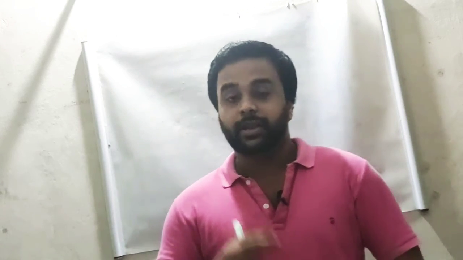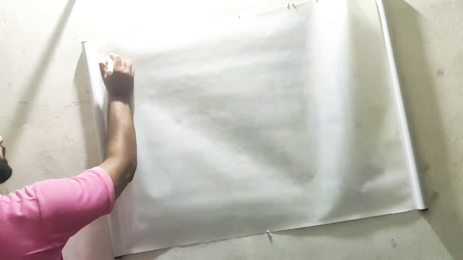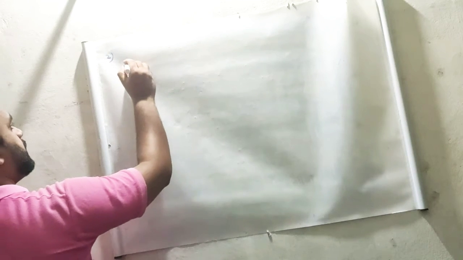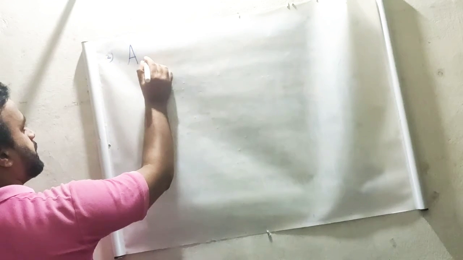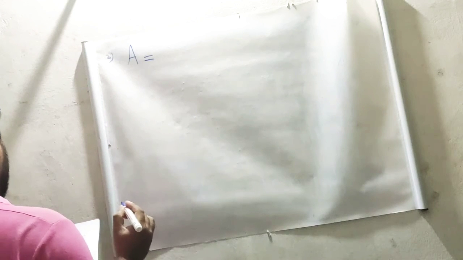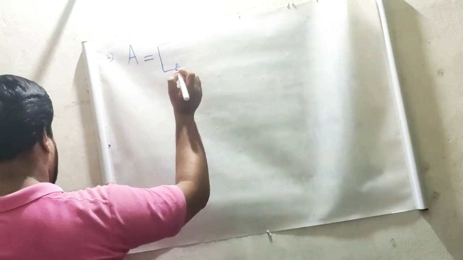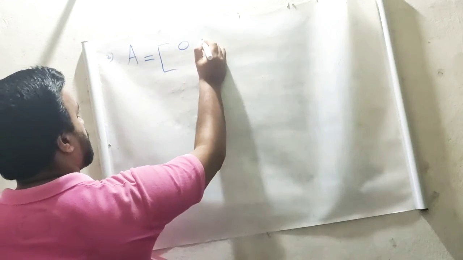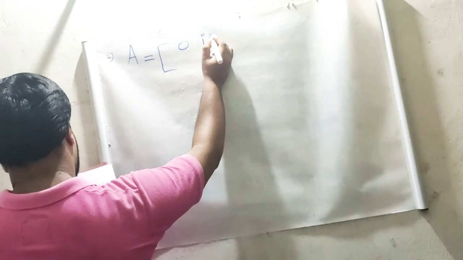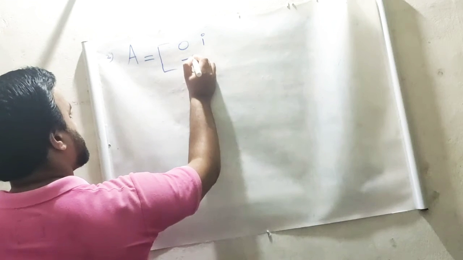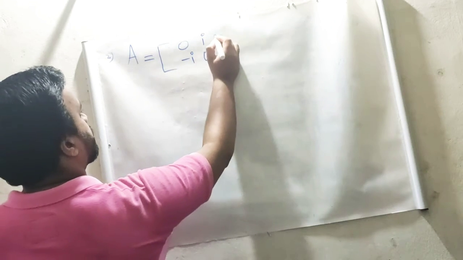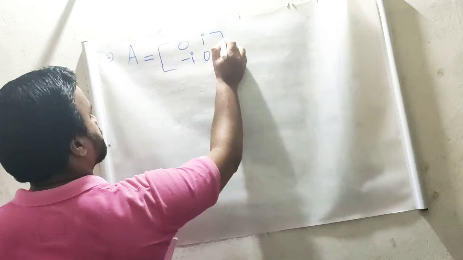Then let's do our second problem. In our second problem, matrix A is given as [0, i; minus i, 0].